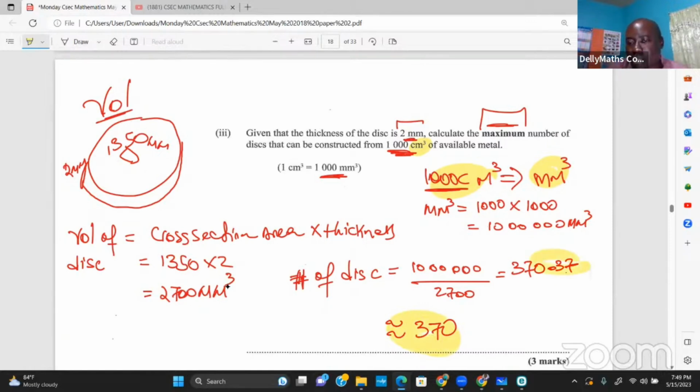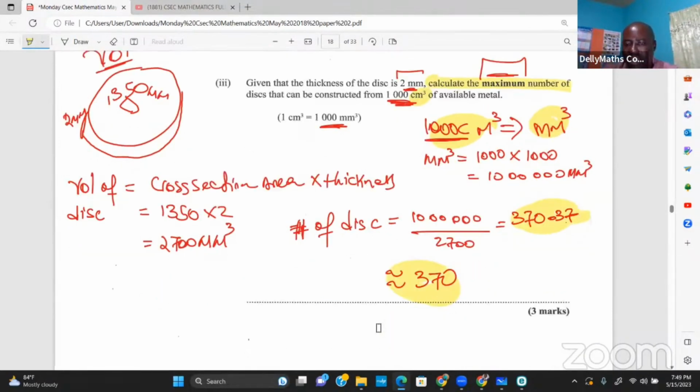Even though you work it out and get this, pay attention to the details of the question. You cannot submit 370.37 in this context. It will not be correct, because the maximum number has to be a whole number, since we're making disks. We can't have a half of this, or a third of it. So there it is. You would have found that and collected 3 marks.